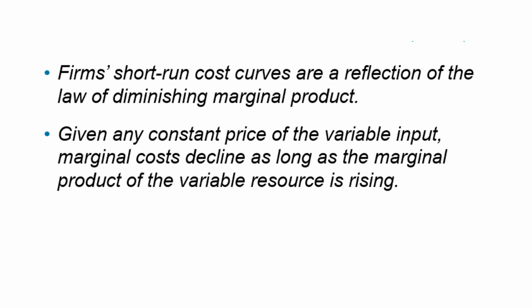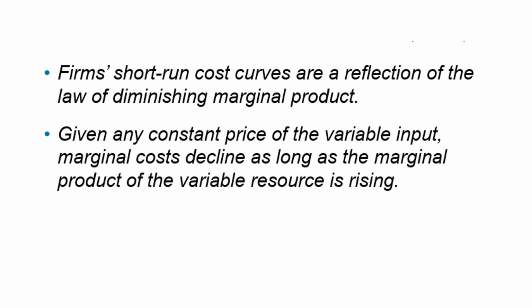Firms' short-run cost curves are a reflection of the law of diminishing marginal product. Remember I just showed you the marginal product curve. The point where the marginal product begins to diminish, that's the point that the marginal cost curve begins to increase.